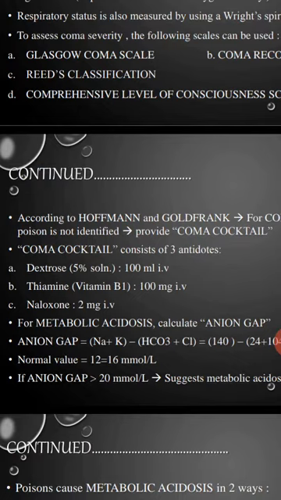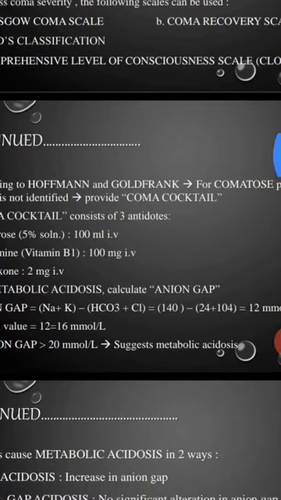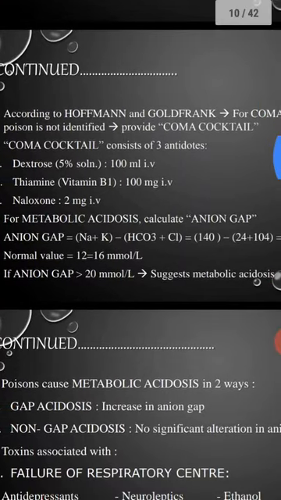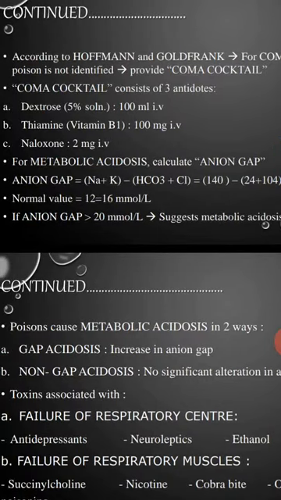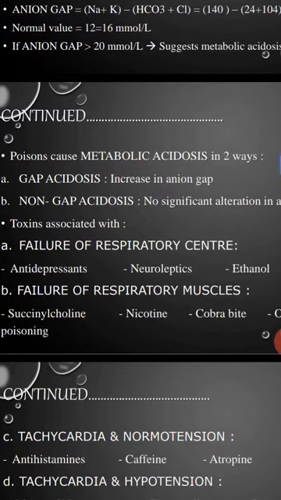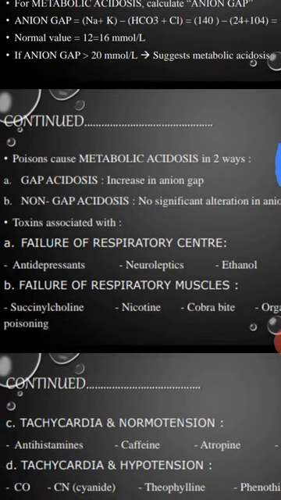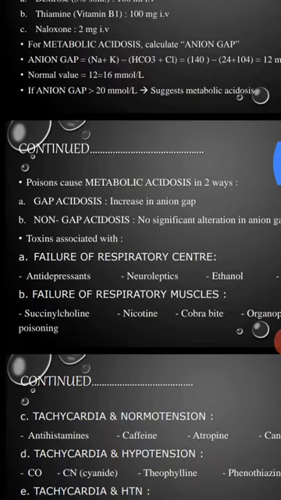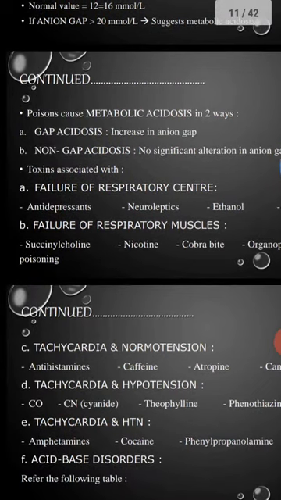Next, for metabolic acidosis, you can calculate the acidosis and you have to correct the metabolic acidosis. Next, if the patient has failure of respiration caused by anything, if toxin associated, if the failure of respiration happened by antidepressants, neuroleptics, ethanol, sedatives, succinylcholine, nicotine, any poisons.